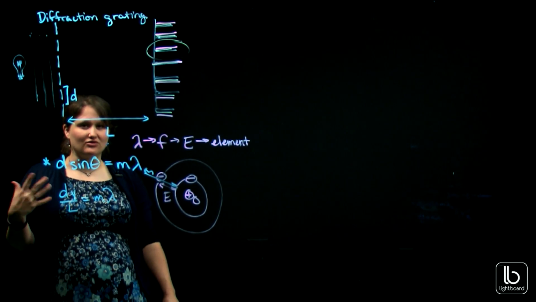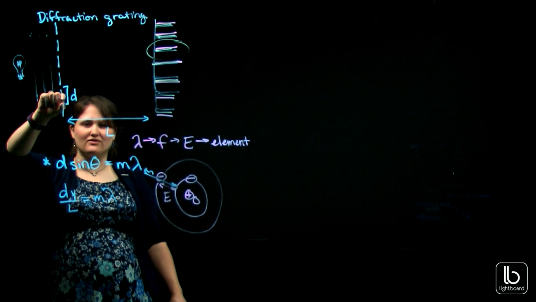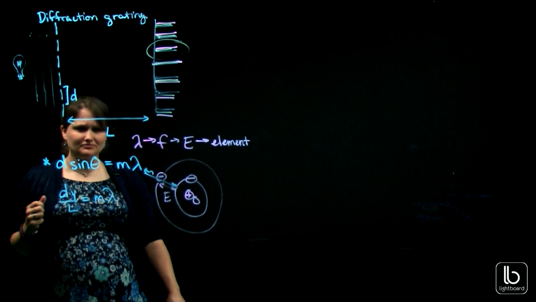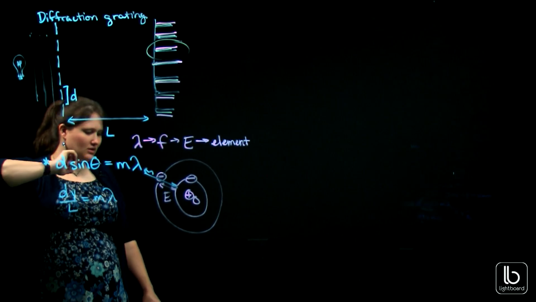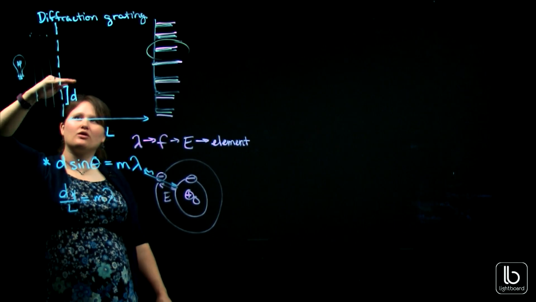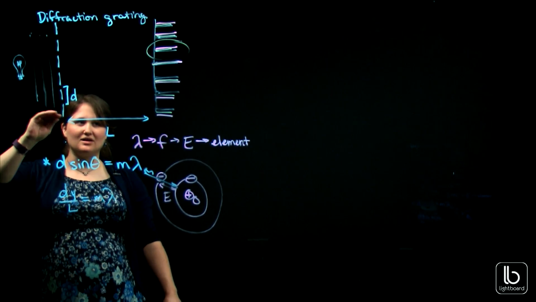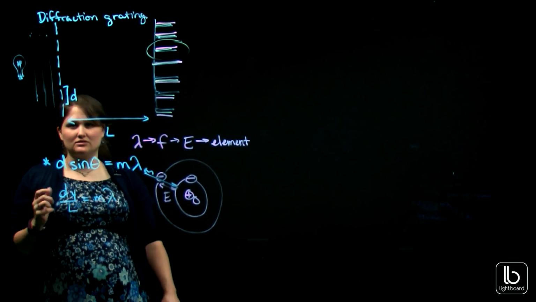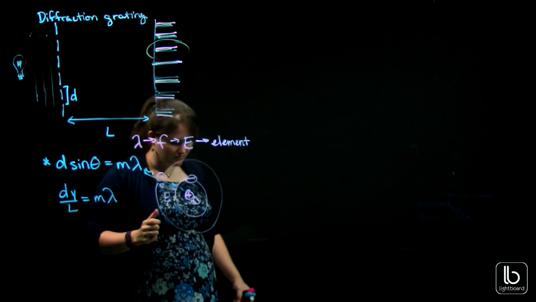So if we have several hundred nanometers, several thousand nanometers in terms of our slit width, that's going to give us diffraction. But if I have more slits, then what I end up with is, again, these tighter patterns that are more helpful for spectroscopy.